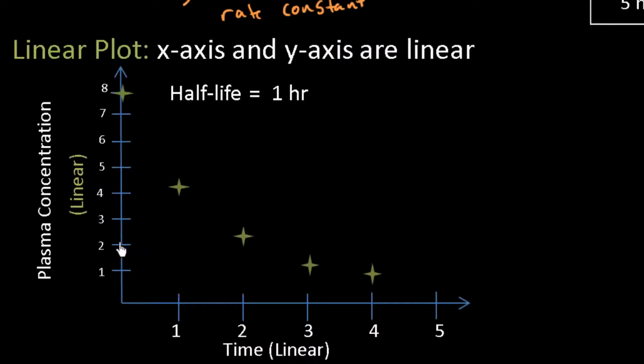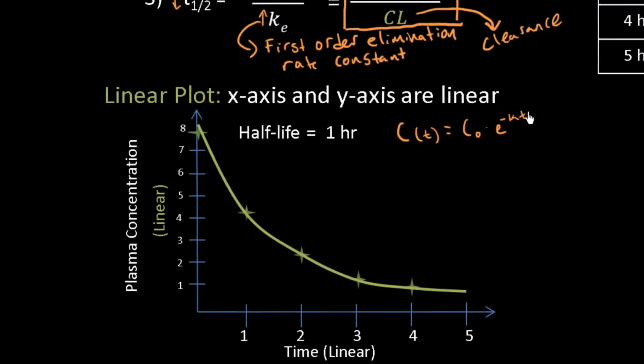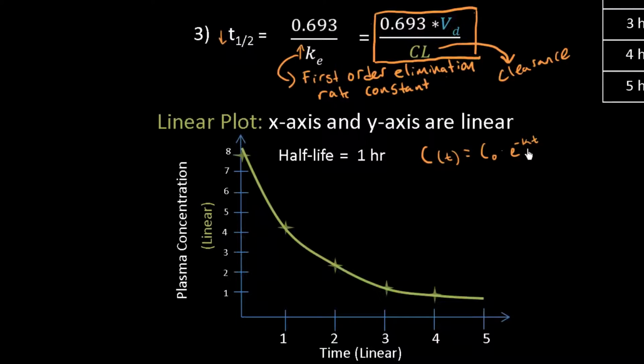And if I wanted to graph this, I get this exponential graph. Now, as scientists, we want to be able to describe this graph. And if I wanted to know the plasma concentration at any point, it can be given by this equation. And that is that the concentration at any time t is equal to your initial concentration times e raised to the negative kt, where k is that first order elimination rate constant.